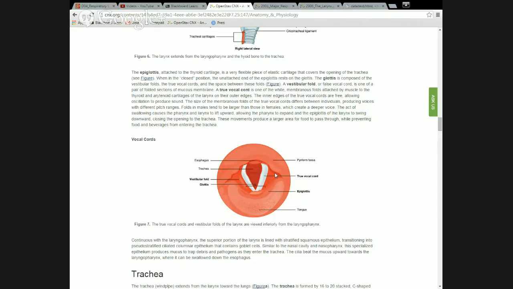You've probably seen a laryngoscope in medical dramas. In the ER, if somebody had to be intubated, you see the doctor standing over the patient, and they look down through a device that they inserted in the mouth, going around the back of the tongue so they could see the larynx like this.